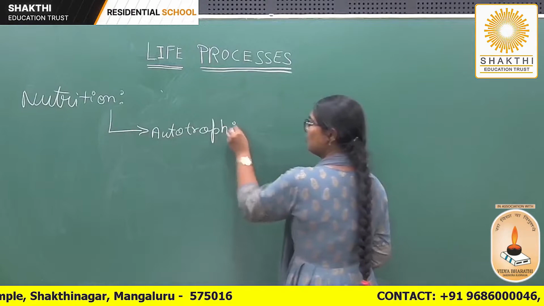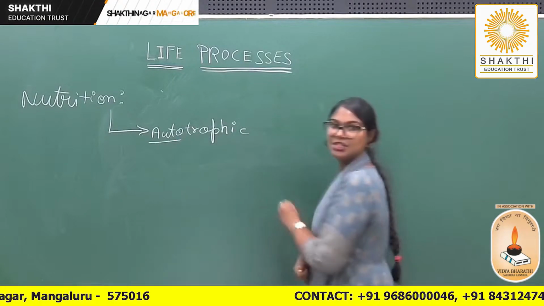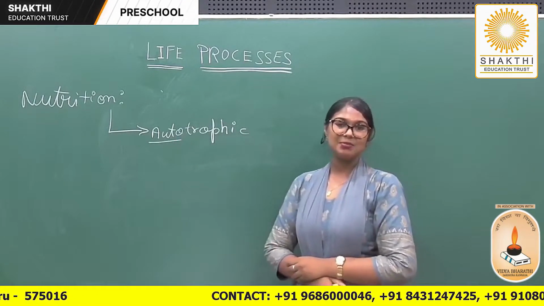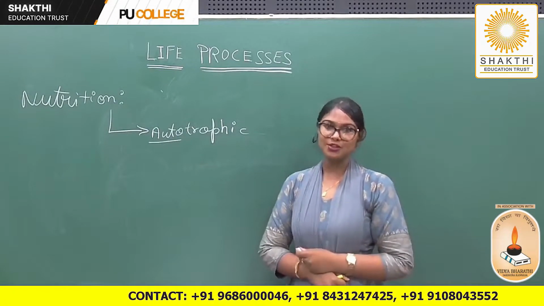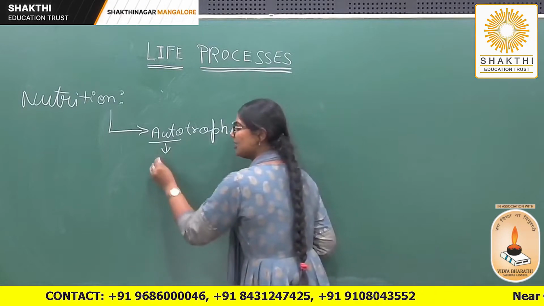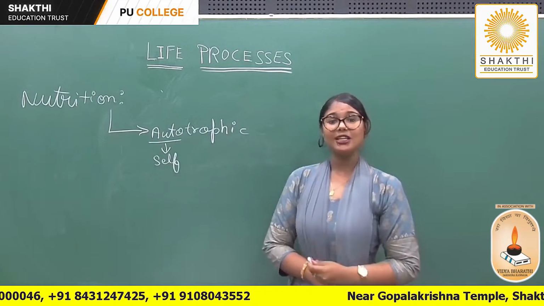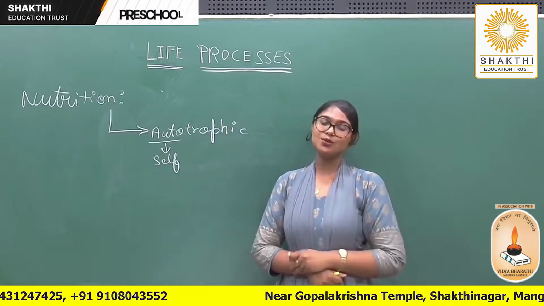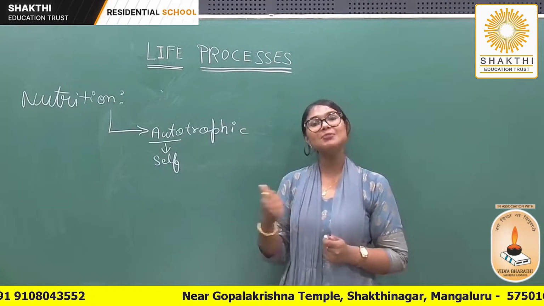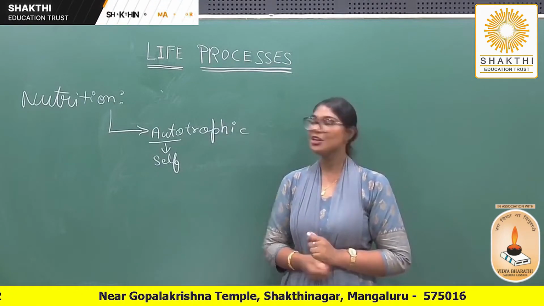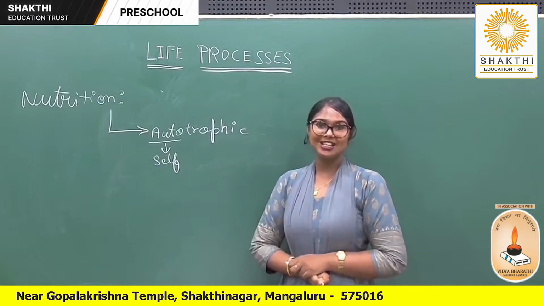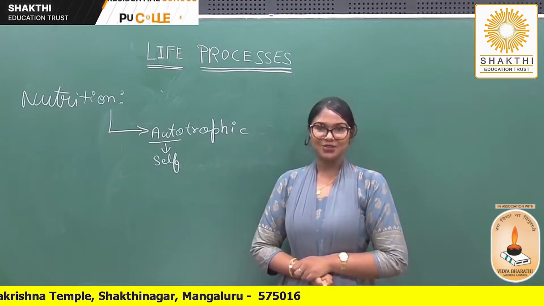It is a mode of nutrition in which an organism prepares its own food. Auto means self. So, in this type of nutrition, the organism is preparing its own food and it is eating it. It is not depending on somebody else for food. So, this type of nutrition is called autotrophic nutrition.